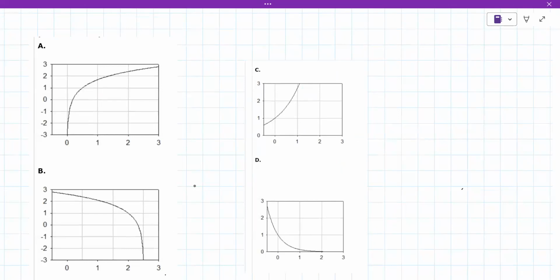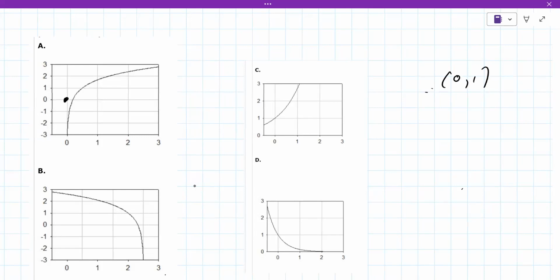Which one has 0, 1 in it? The C. And which other one? C and A. A, this is 0, 1.